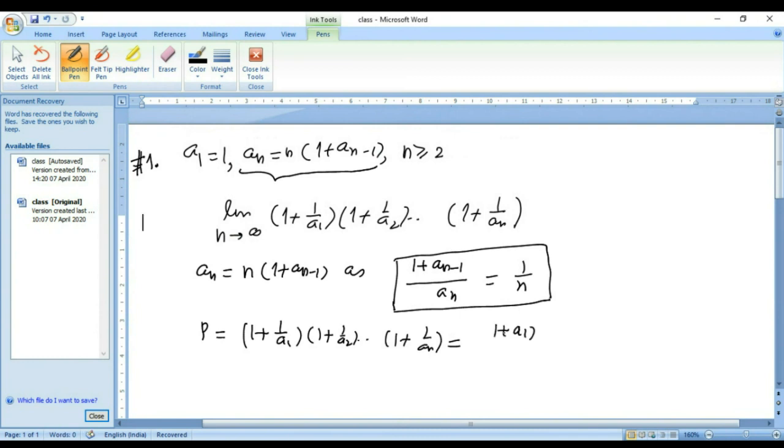So 1 plus a1 times 1 plus a2 times 1 plus an whole upon, I write a2 first, then a3, all the way till an, and the left out a1 happens to be here. So using this relation, 1 plus an minus 1 upon an is 1 over n, I would like to write my P in some special ways.